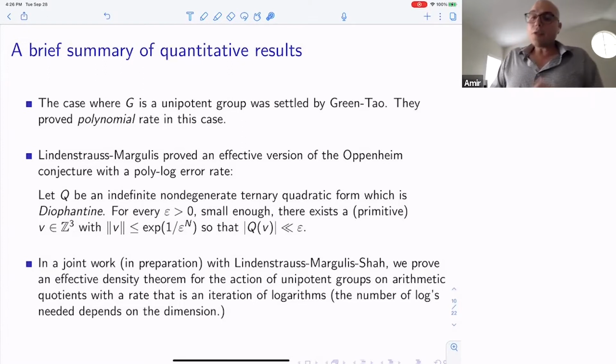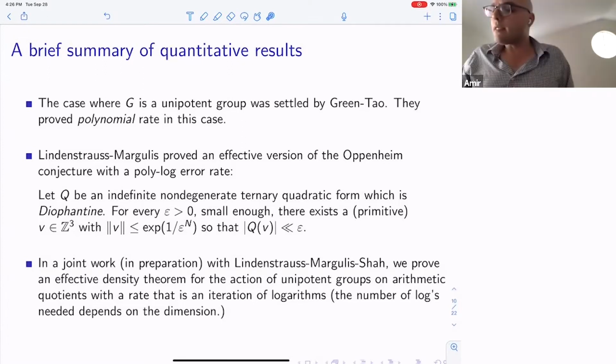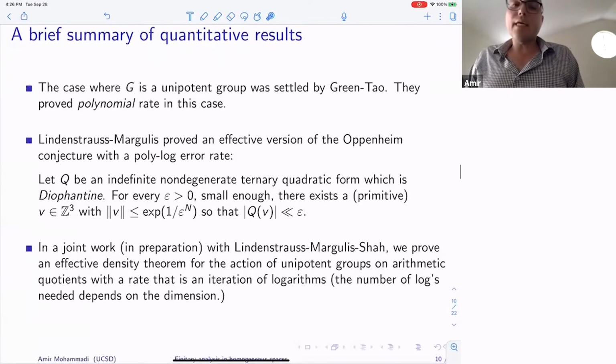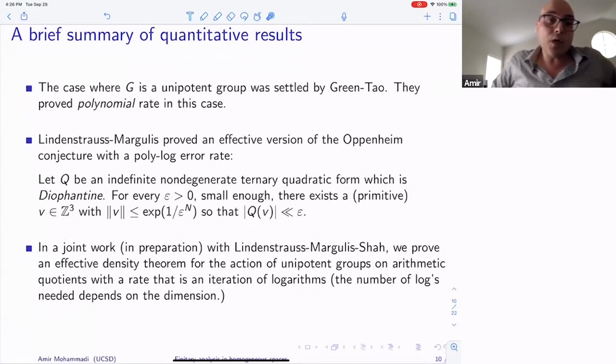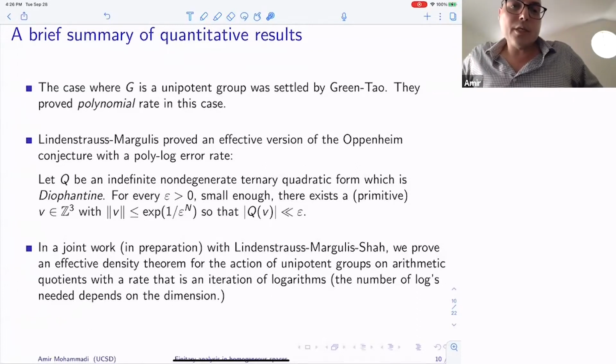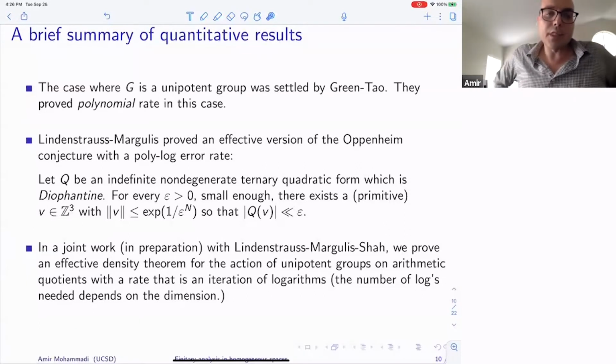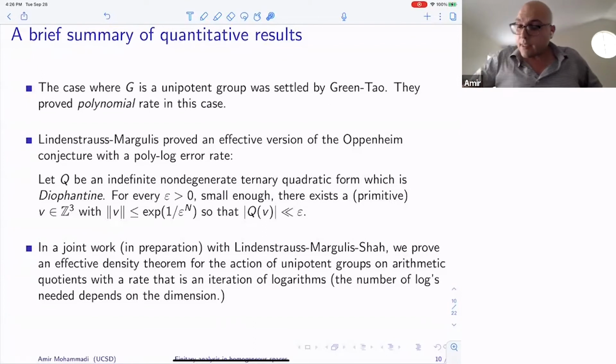For the case of semisimple groups, some progress has also been made. The quantitative version of the Oppenheim conjecture was done by Lindenstrauss and Margulis. The rate they obtain is not the best possible. One would ideally like to have a polynomial error rate, but they get something which is polylog. But still, it's a great achievement.